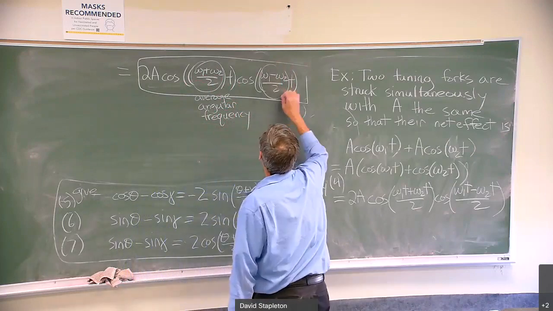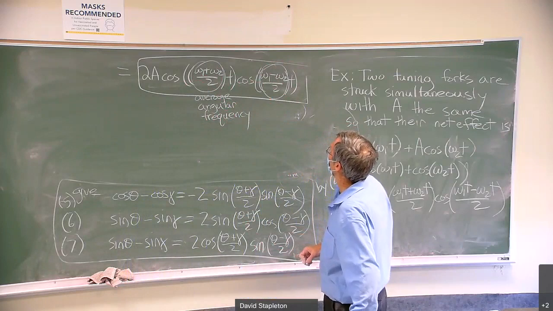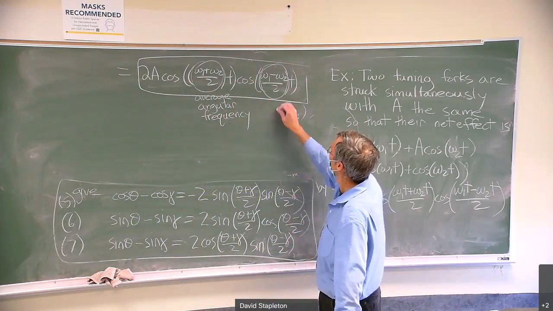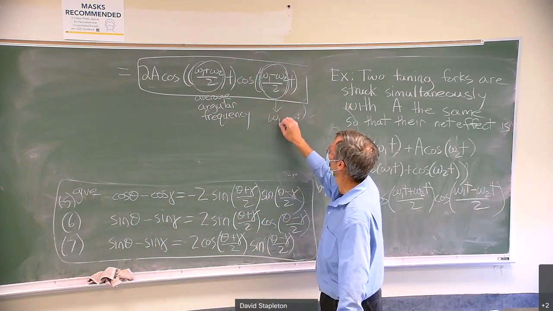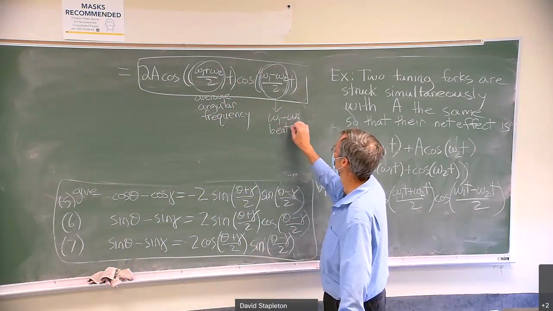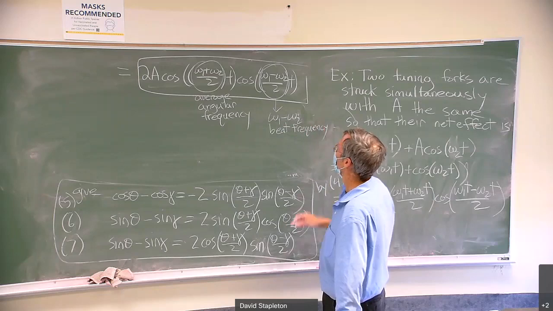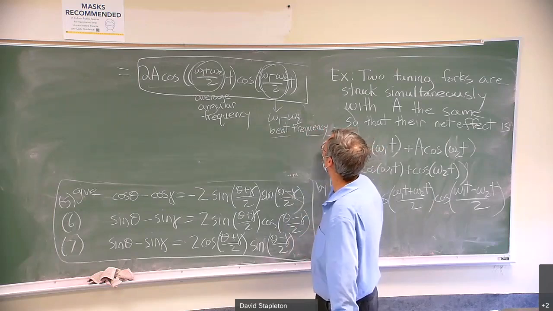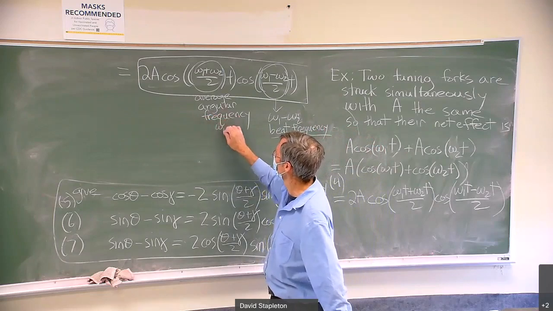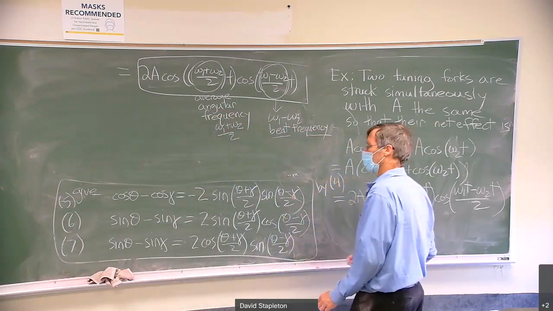And this one has another name. If you take twice this number, omega 1 minus omega 2, it is called the beat frequency. The average one is the sum over 2, and the beat frequency is just their difference then.